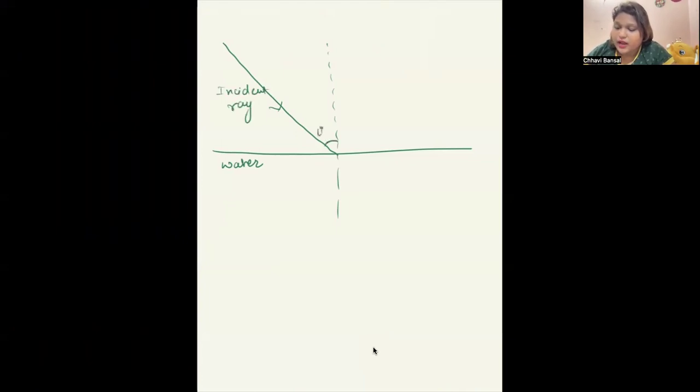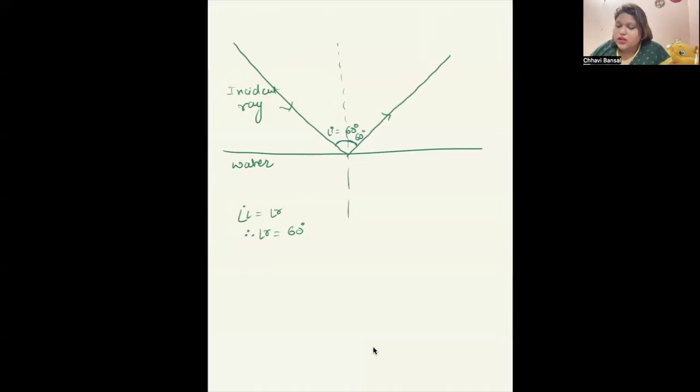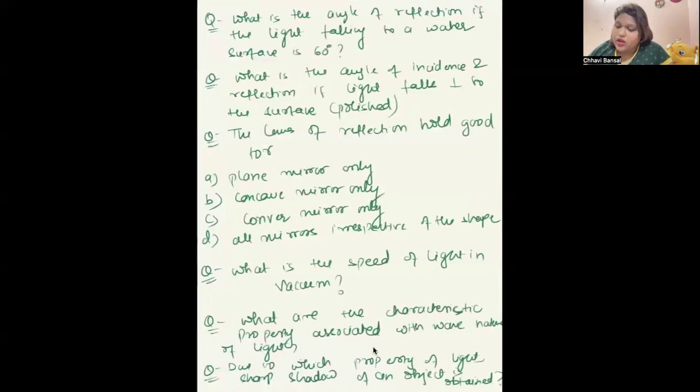It is making angle I, which is equal to 60 degrees. Right? Now, according to the laws of reflection, angle I is equal to angle R. Therefore, angle R is also equal to 60 degrees. Right? So, the light will be reflected back at the same angle, which is 60 degrees. Clear? Next question.